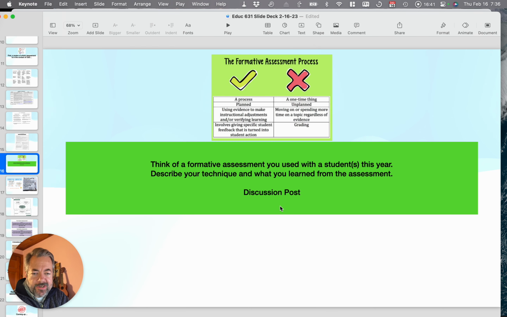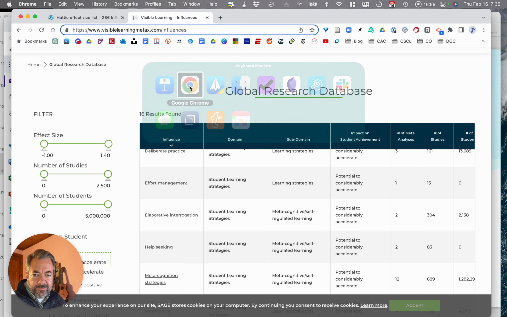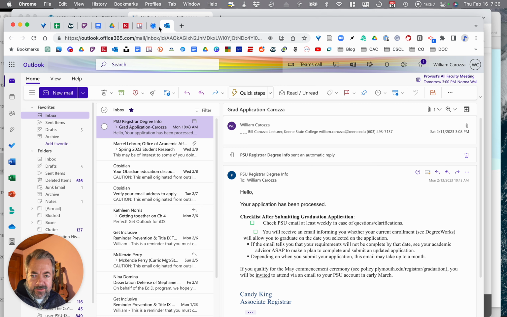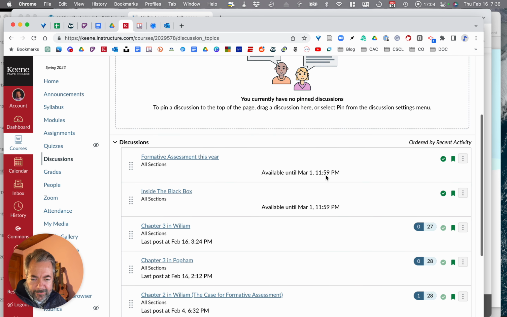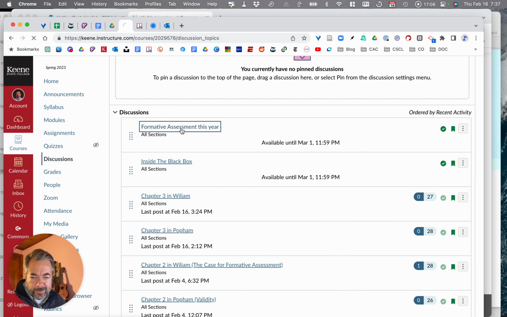One of the discussion posts that's already on Canvas is a simple thing. Think of a formative assessment you used with a student this year. Describe your technique and what you learned from the assessment. If I go into Canvas and go into discussions, one I've gotten up there is this one, formative assessment this year.